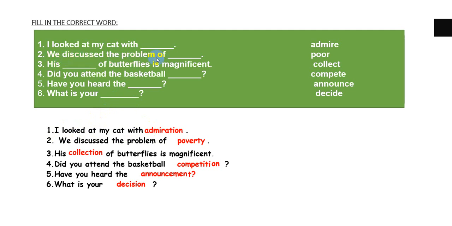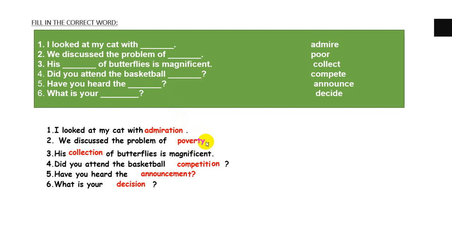Number 2, we discussed the problem of poor. No, poor is an adjective. We have to change it into a noun. Can you guess? What is it? We have mentioned it before in the previous slide, if you remember. Yes, it's poverty.